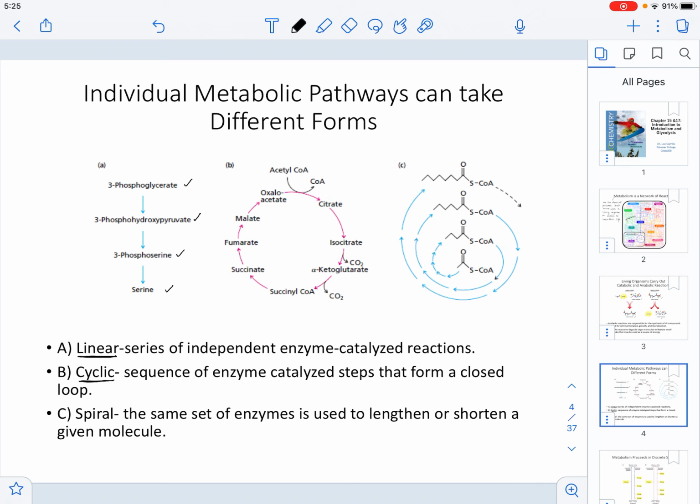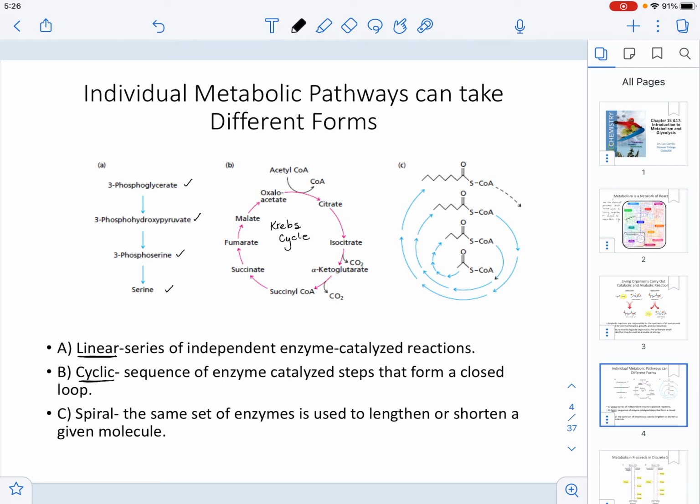Here, as an example, is something that we will be talking about in later weeks, and just to introduce it, that is actually the Krebs cycle, or the TCA cycle, which is known as the tricarboxylic acid cycle or the citrate cycle. These are all names for it. The main thing is that a cyclic pathway, as you can see, is a closed loop.